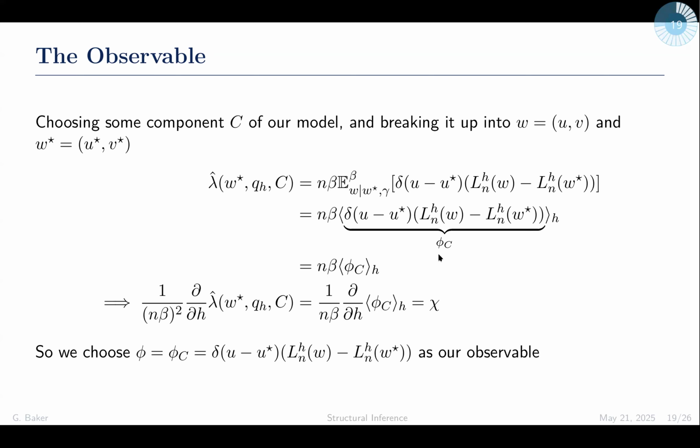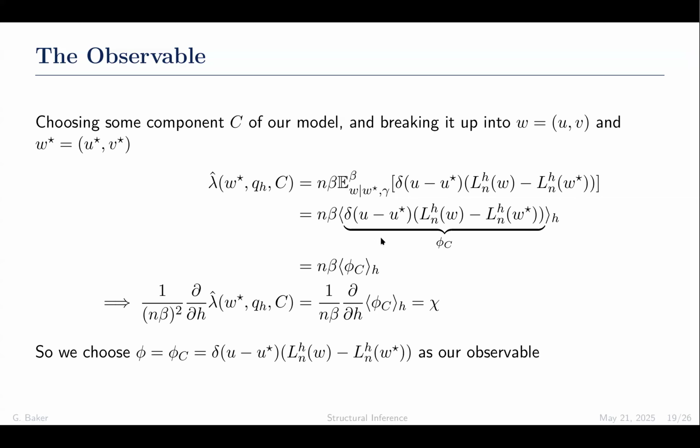But we can't actually take the expectation of the learning coefficient over all the weights. The learning coefficient is a function of a local minimum. But what we can notice is that the learning coefficient is itself an expectation. And we could write the inside of the learning coefficient as phi c.